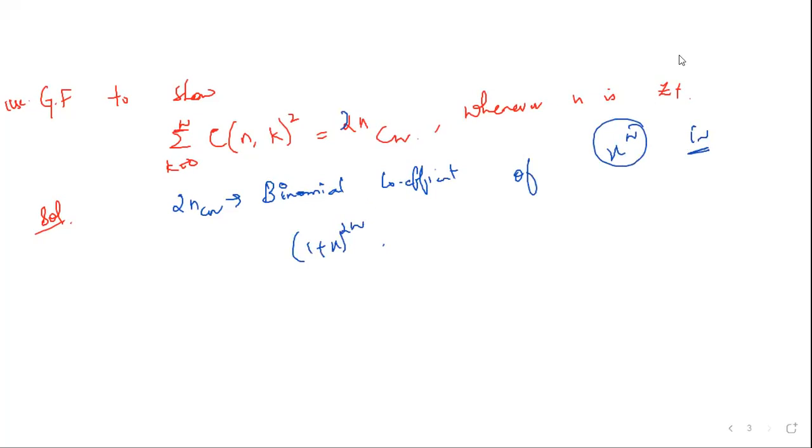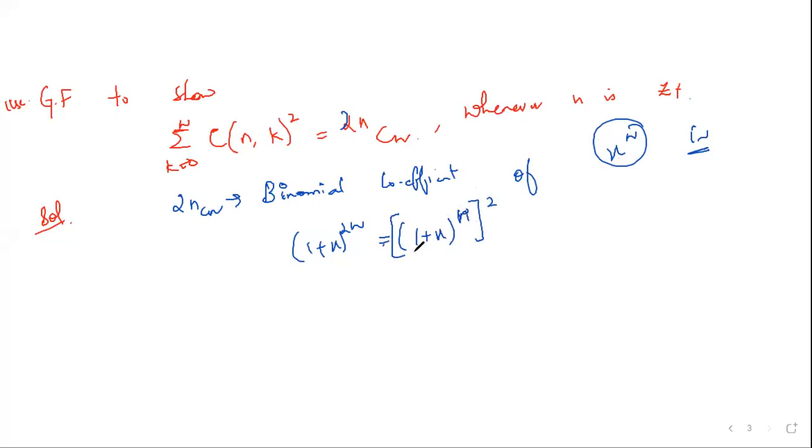So in this case, in (1 plus x) power 2n, the binomial coefficient is 2nCn for the x power n term. Now, for this term, what we can do is (1 plus x) power 2n can be written as ((1 plus x) power n) whole square.